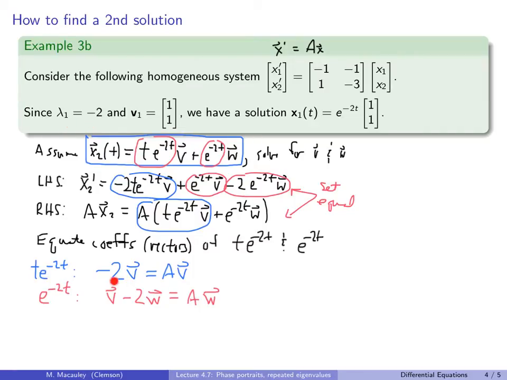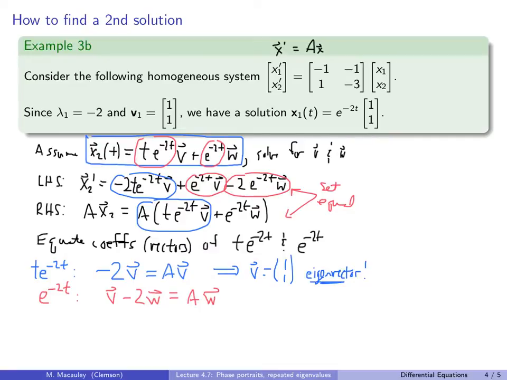And in fact, this first equation is always going to be the eigenvector equation. So right away, we can say v is an eigenvector, so v is 1, 1. That works, and that's always going to work.